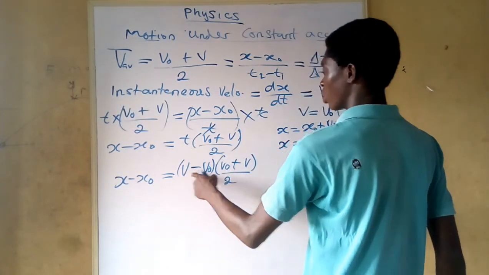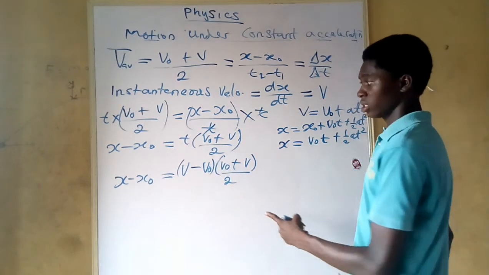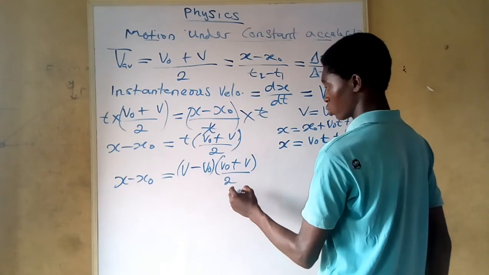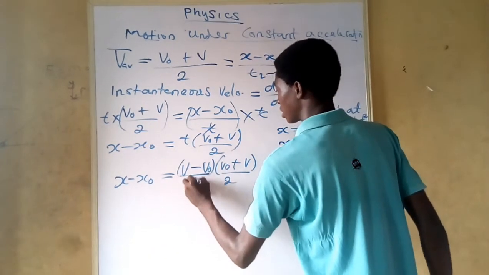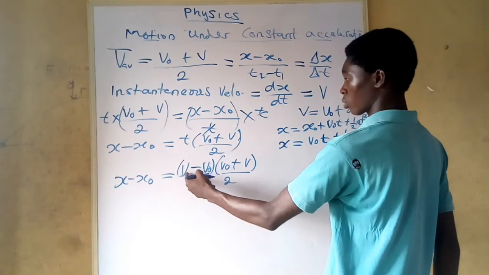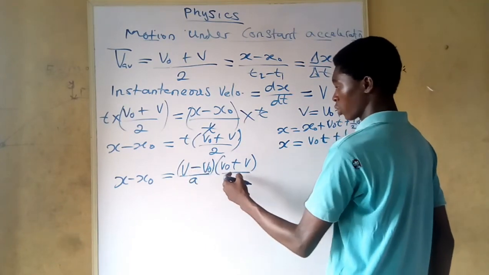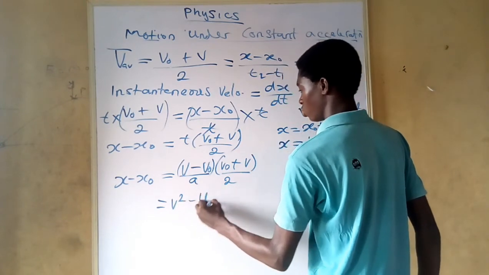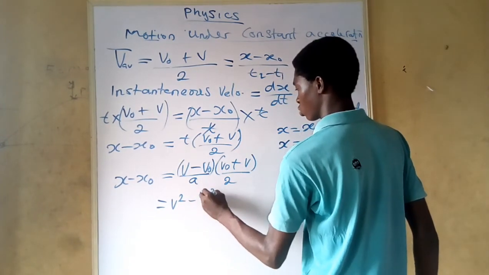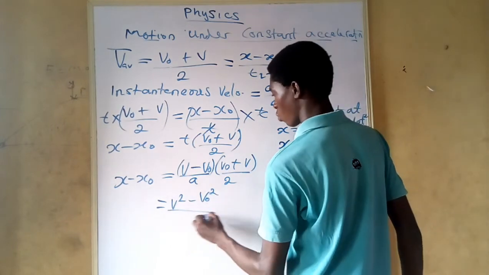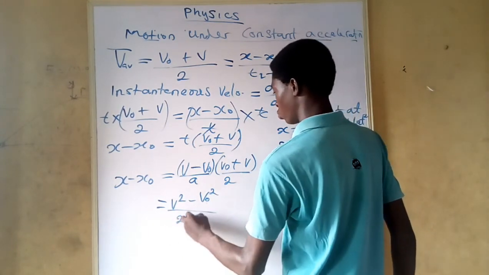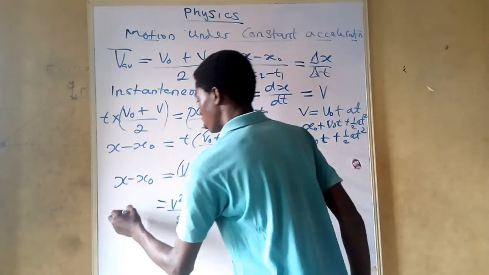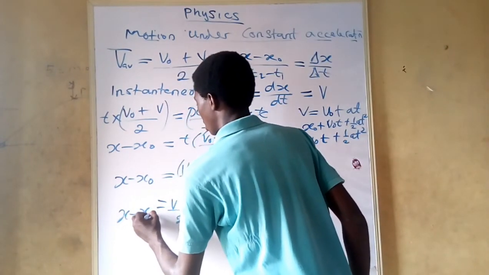Now it happens that if we multiply this, it is what we call the difference of two squares. So what we are going to have here is V squared minus V naught squared over 2a, since a multiplies 2 and that's 2a. And this is equal to x minus x naught.